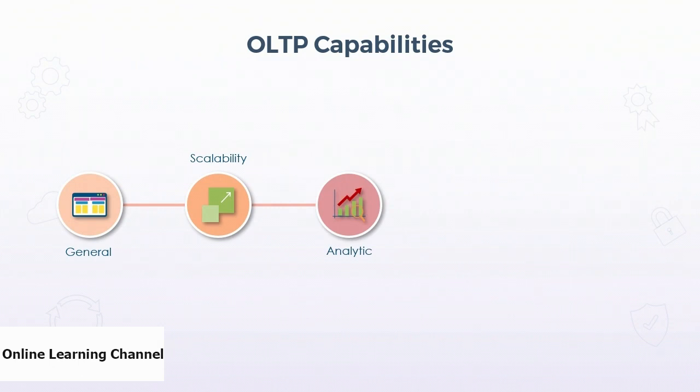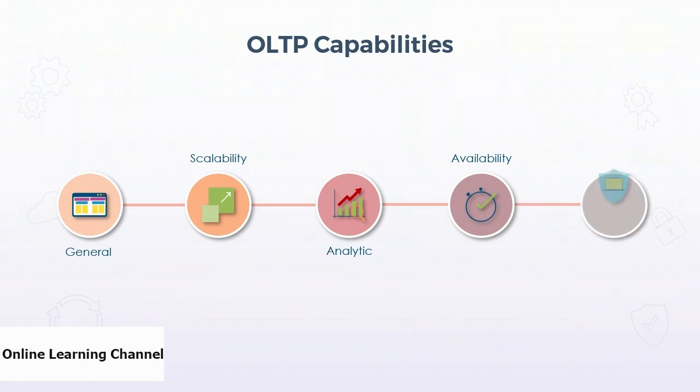We need to analyze our transactions, see how we can get better, see where we need to put extra resources, right? We are nothing without the data and the business intelligence around our data. We need high availability. We need it running at all times. This is not something that can be up and down. And security. So we need that security to protect our data and our transactions.